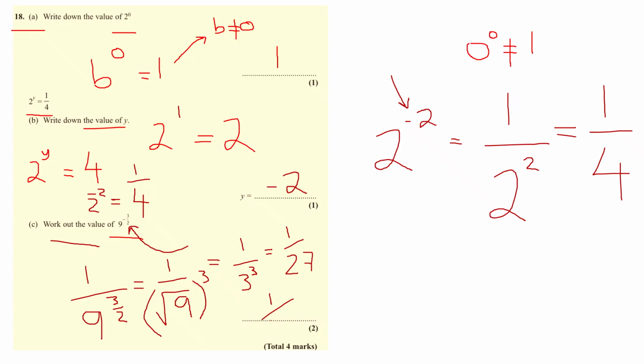So whenever I have a fractional power, you do the root of the denominator, and then you raise it to the power of the numerator. I like to refer to it as the phrase, you root by the bottom and power by the top.